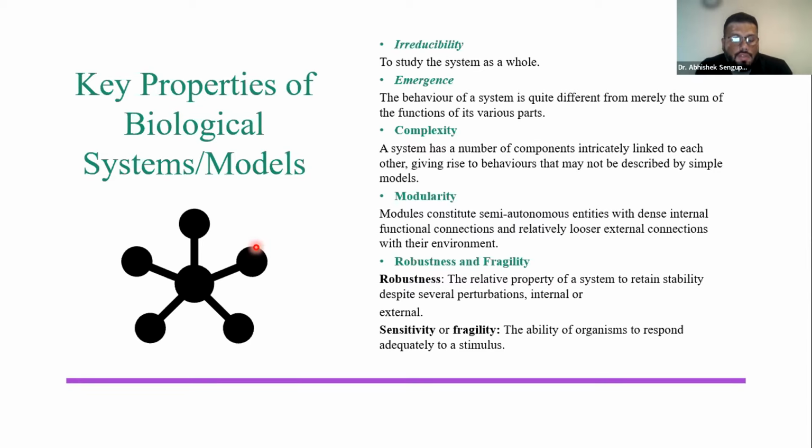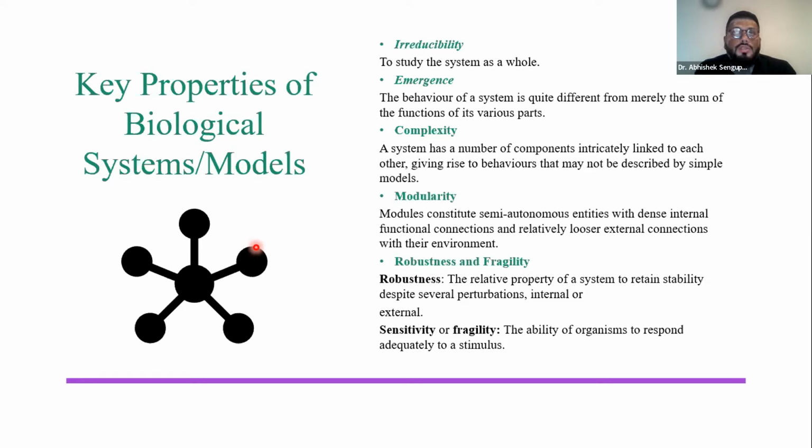Then robustness and fragility. Robustness and fragility is again a very important property. There are so many fluctuations that happen inside a cell. I'm just giving an example of a cell as a system.